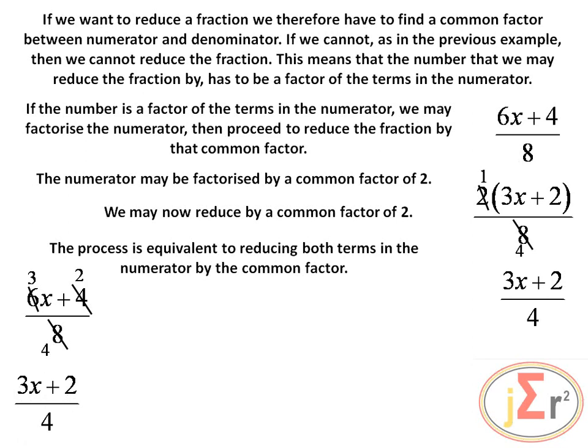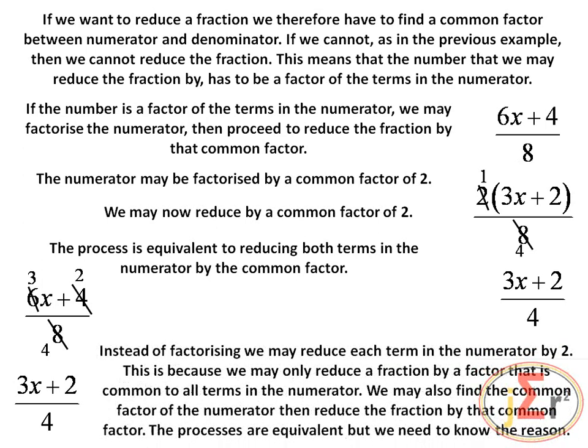Therefore, if we are reducing a fraction by a common factor, each term in the numerator has to be reduced by that common factor. In other words, we need to have a common factor in the numerator among the terms that we can reduce the fraction by.